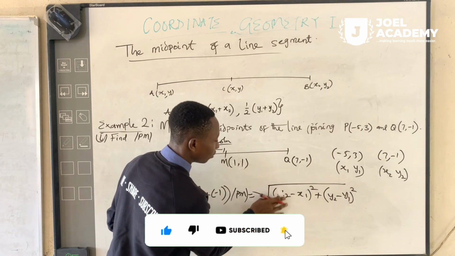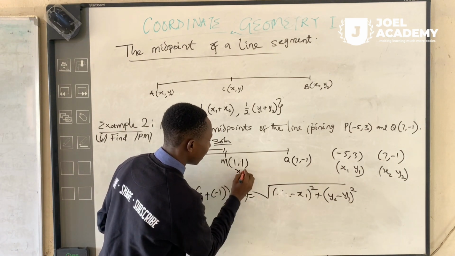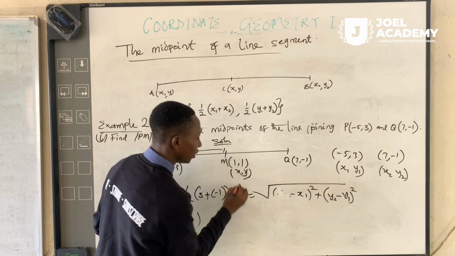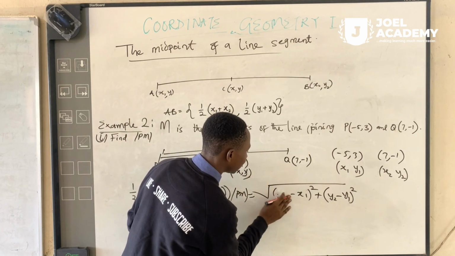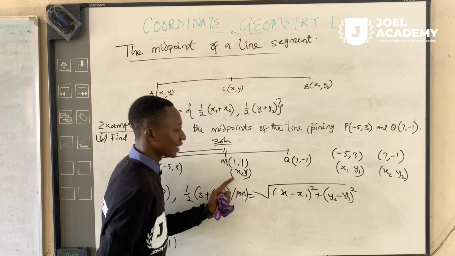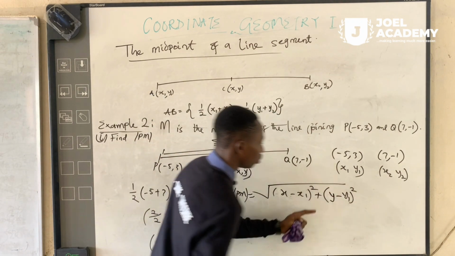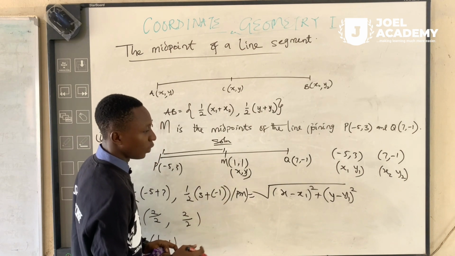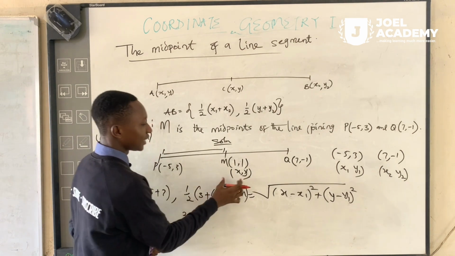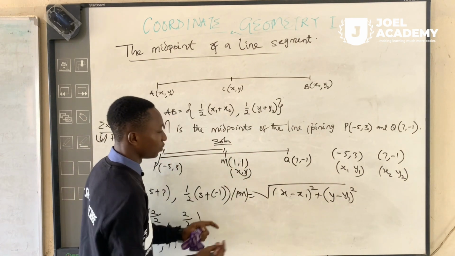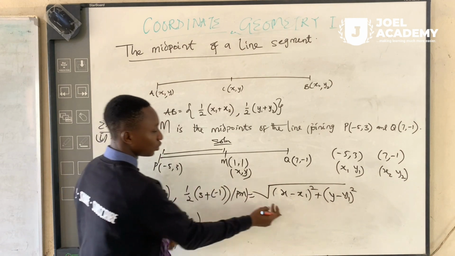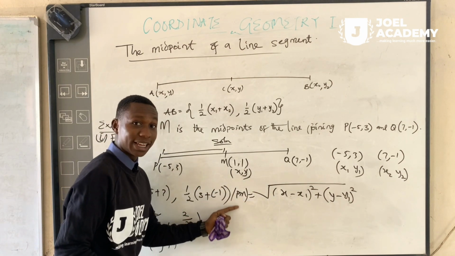We're not going to be using x2 right now, because remember we labeled this midpoint as x, y. So we're using our x to represent our x2, and our y to represent our y2. We substitute our values into this formula to get our line PM.